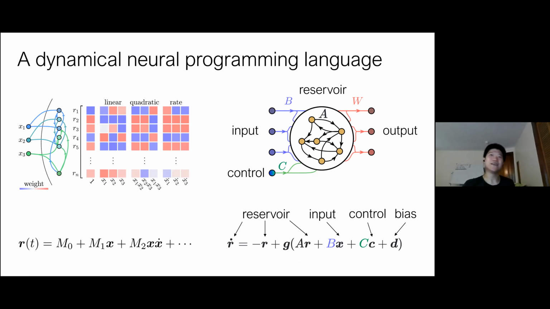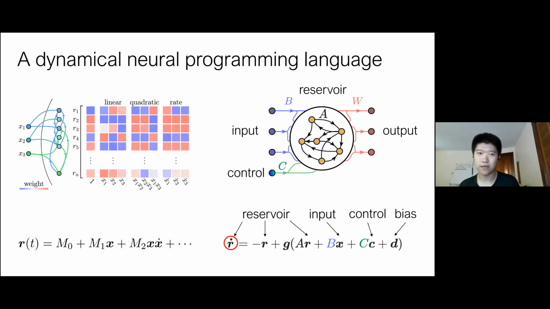This will be a little more complicated, but at the same time, not very different from what we've currently discussed. In our neural network formulation of the reservoir, there's one term that we've left out, and that term is this R dot term. This R dot term is very important because it defines how the neural network evolves forward in time.